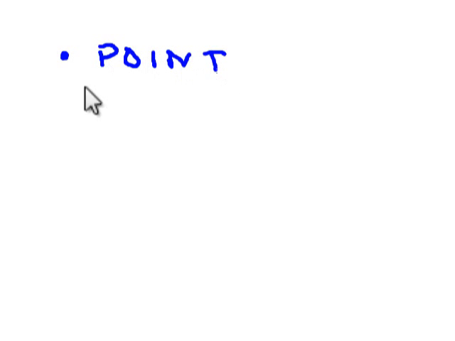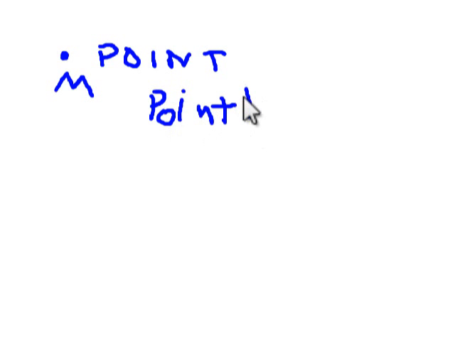If I ask you to label it, you can label it with a capital letter like M. And if I ask you to name it, we would call that point M. I'm going to leave this one here because I want you to see that the name for this point, point M, is going to be different from the way we name the other things that I'm expecting you to name.